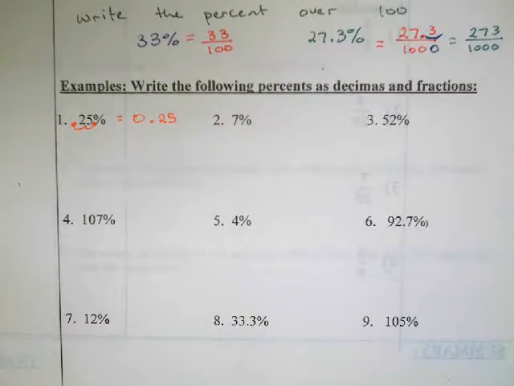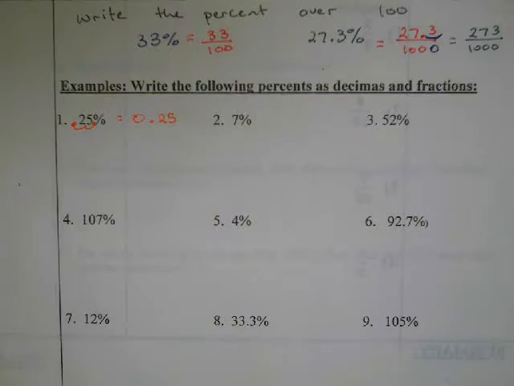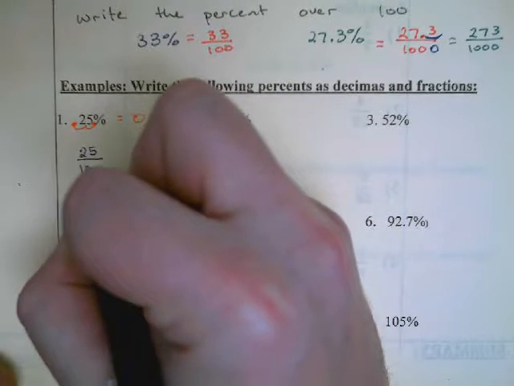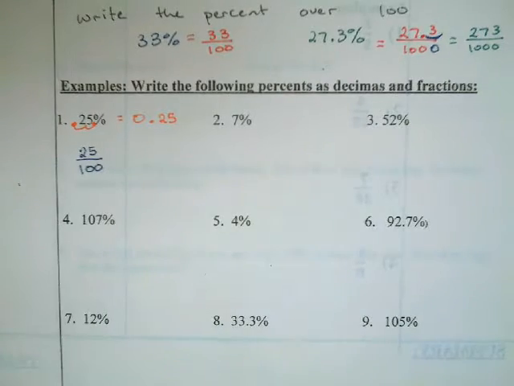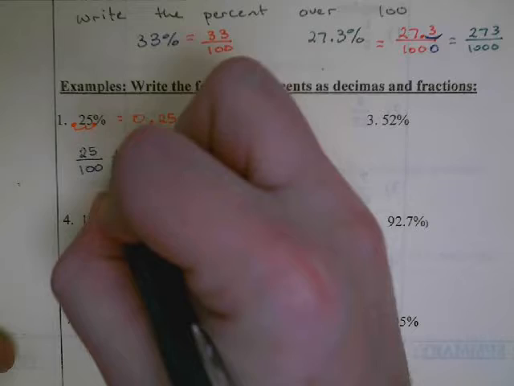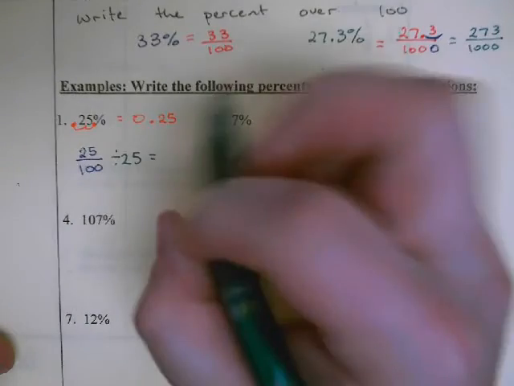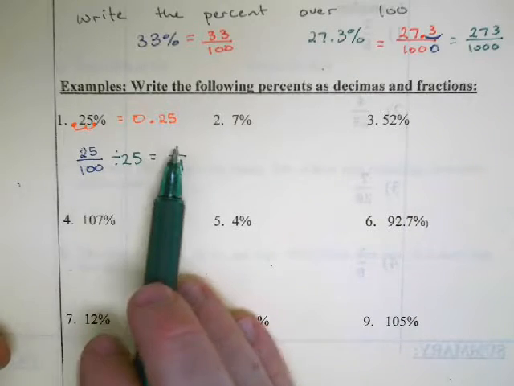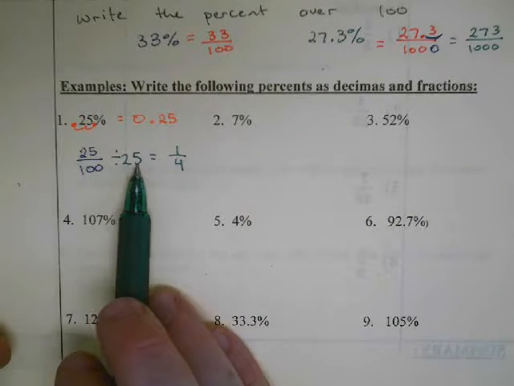So there it is written as a decimal. And then if we want to write it as a fraction, we'll go 25 over 100. But can I simplify this fraction? We can, and both are divisible by 25. So I can say 1 over 4. 25 divided by 25 is 1, and 100 divided by 25 is 4.